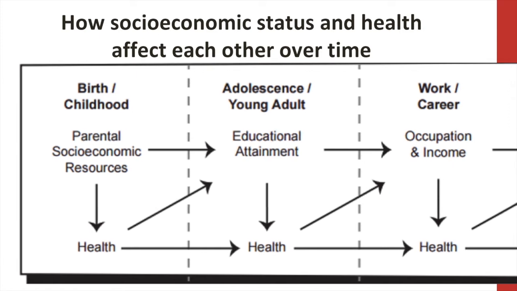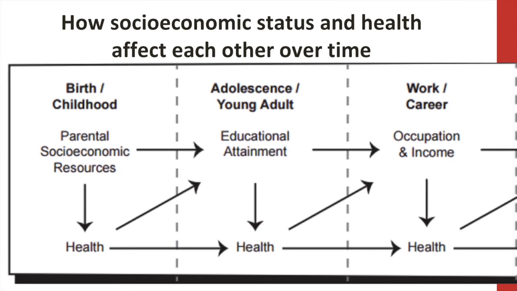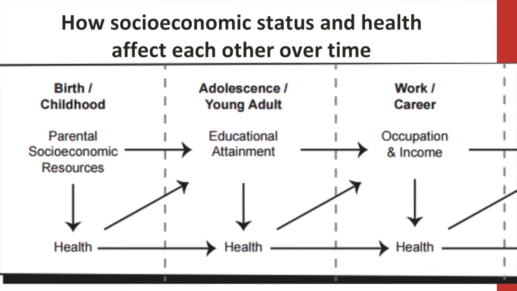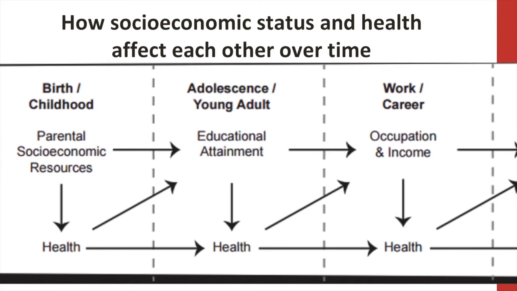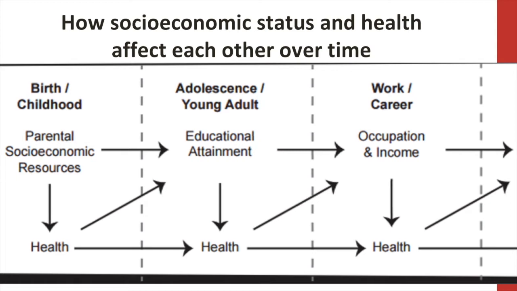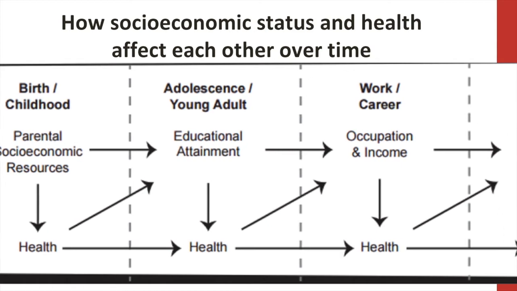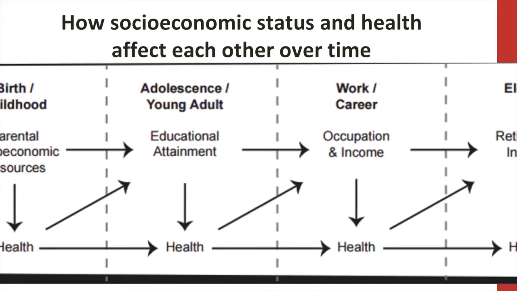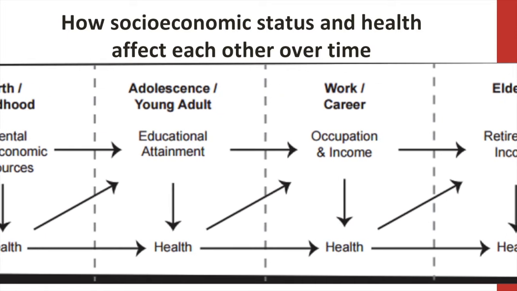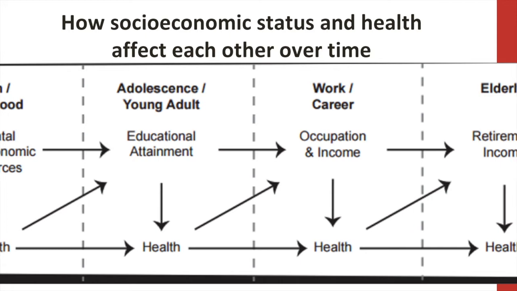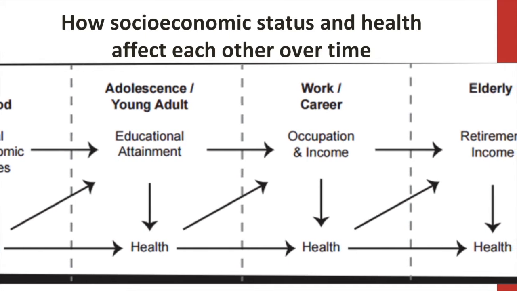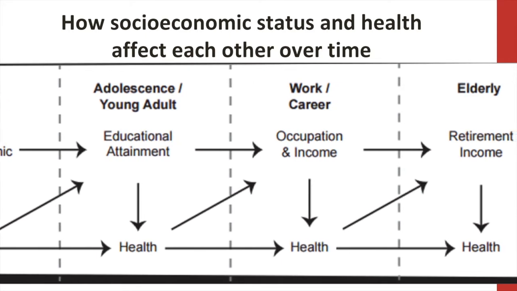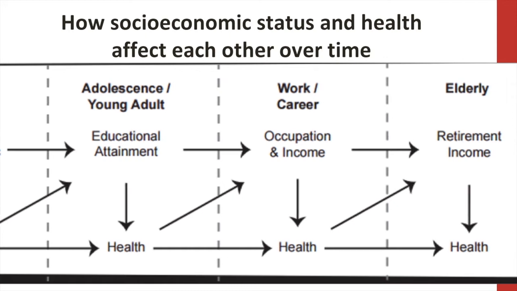This also will impact, if the parents are limited in resources, the kind of education their children will get, and what education attainment they will reach at a young adult age. And education, as we said, knowledge and education, can impact their behavior and choices of a healthy lifestyle. Low education attainment can also impact what kind of job they will get.